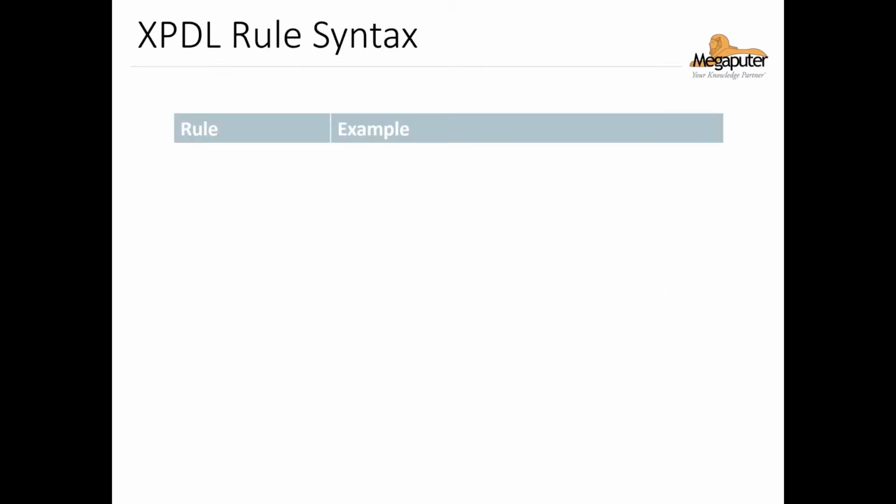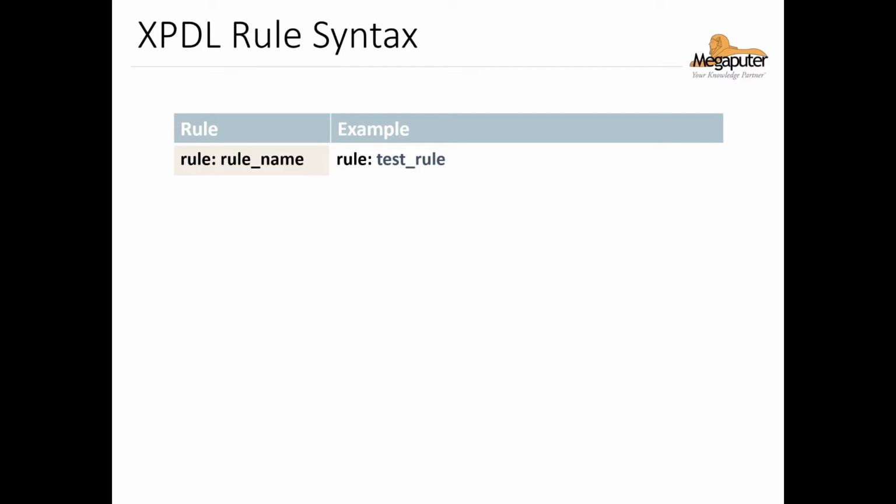So now that we understand named groups, let's take a look at some general XPDL syntax. XPDL is a rule-based system. So in PDL, we just typed up a query and submitted that query. XPDL has a few additional layers. The first layer is the rule layer, to establish a rule.